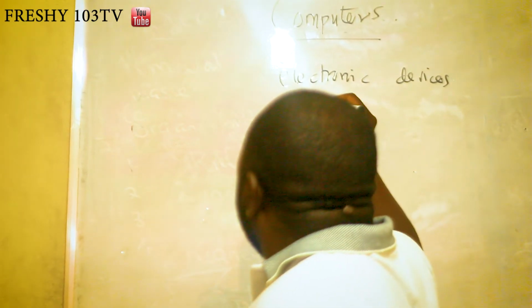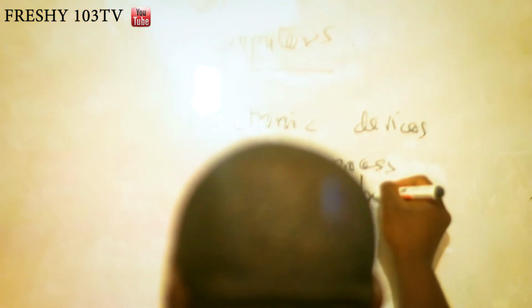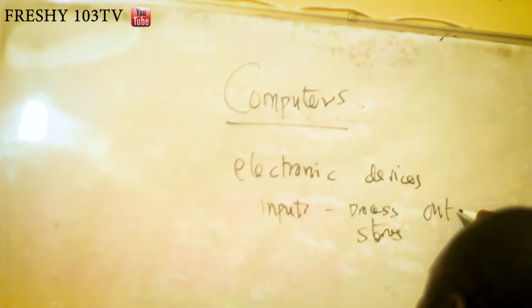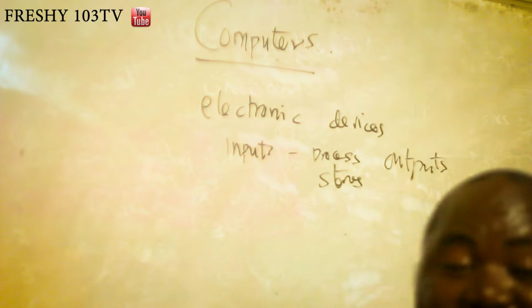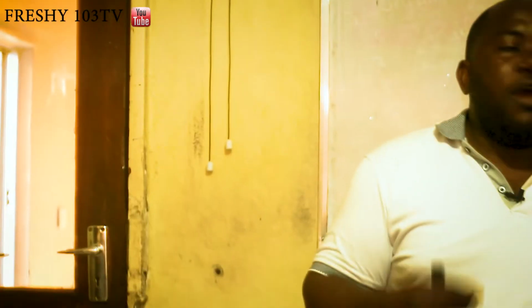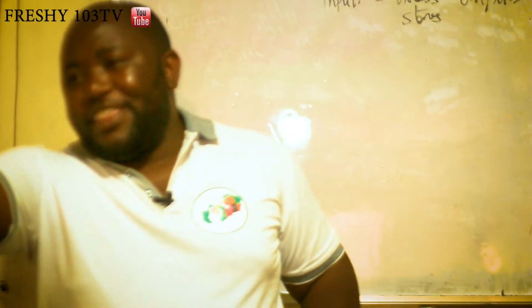It inputs, processes, stores, outputs data, okay? Now, we learned about all this stuff, but the summary where I'm coming to here is computers in mathematics, where we're going to talk about flowcharts, pseudocodes, and algorithms.